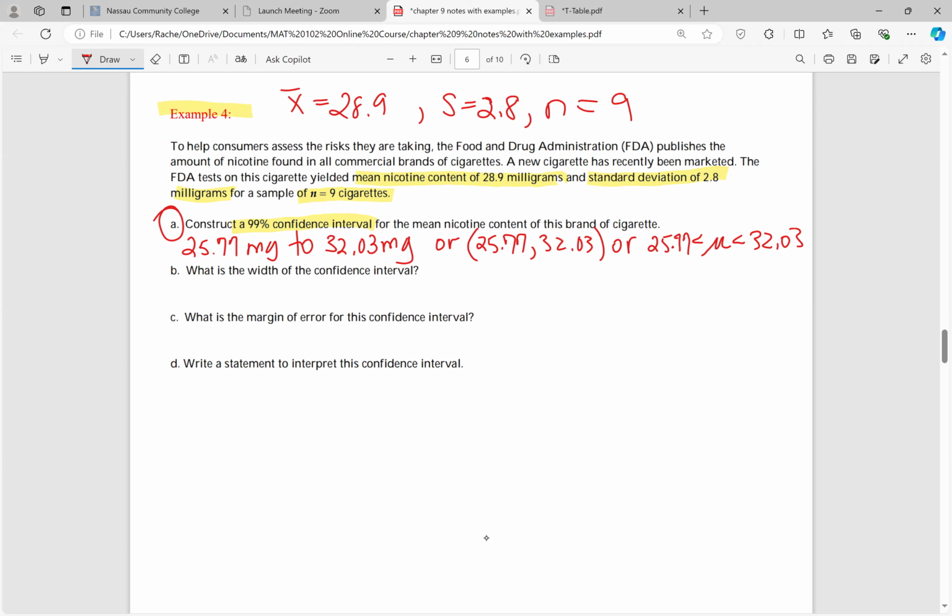So now the question is, what is the width of the confidence interval? In other words, how wide is it? Well, it goes from 25.77 to 32.03. So to get the width, you just take the difference between the higher value minus the lower value.